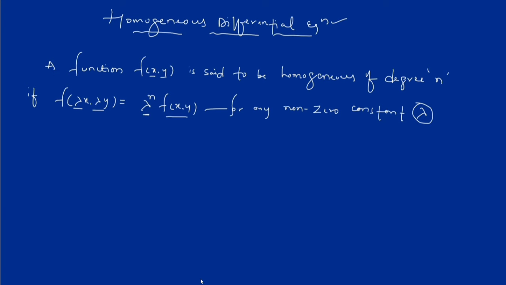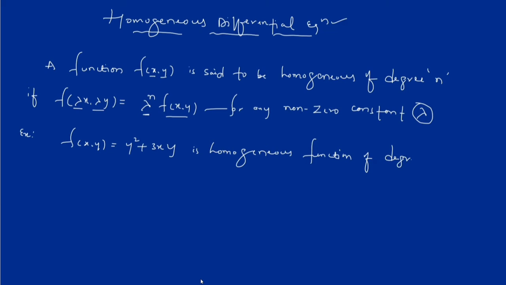So next we will see some examples based on this. For example, f of x comma y equals y square plus 3xy is a homogeneous function of degree 2.